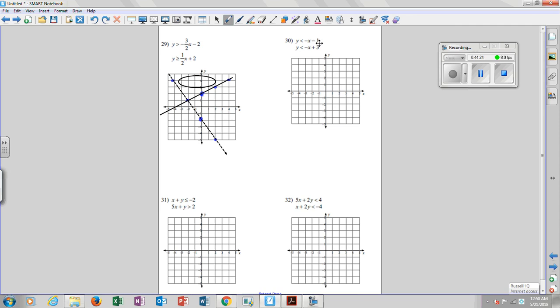Next one, go down 1, make a dot, go down 1, right 1. It is just a less than, no equal sign, so it's dotted. Second equation, you go up to 3, make a dot, you go down 1, right 1, and so on.